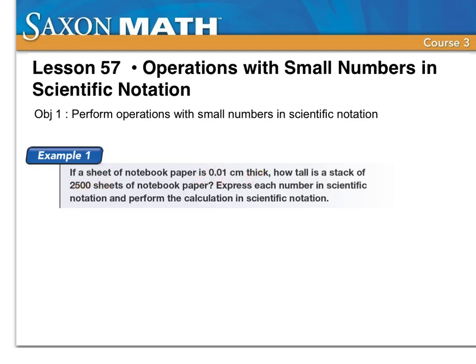I'm going to multiply those. So I'm going to take 0.01 times 2,500. Now, they want us to not solve this way. They want us to solve it using scientific notation and write our answer in scientific notation.